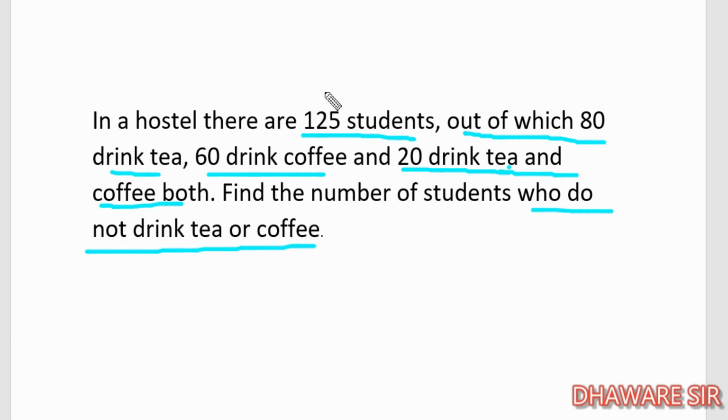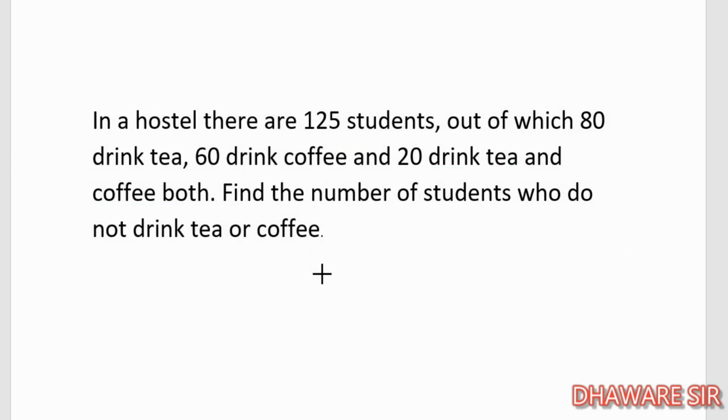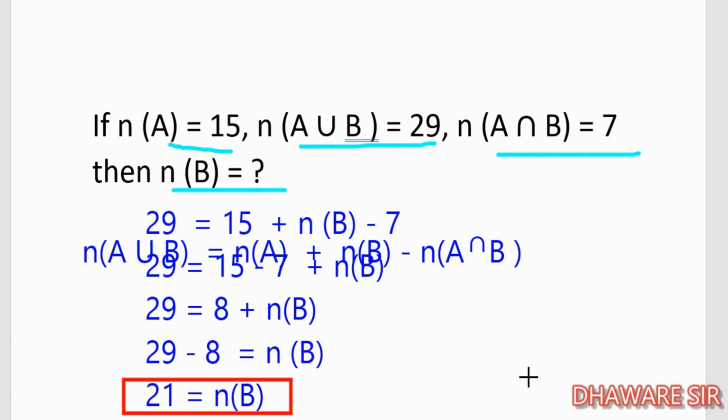Let us see how many students are in the hostel. There are 125 students. We have been given some things here. What are they? Out of which 80 drink tea. Let us make a square for the students who drink tea.